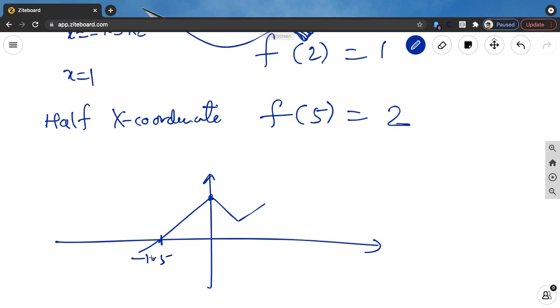Instead of having minus 3 comma 0, I have minus 1.5 comma 0. 0 comma 3 remains 0 comma 3. Instead of 2 comma 1, I have 1 comma 1. And instead of 5 comma 2, I have 2.5 comma 2. So do you see the function is the same, but it has got compressed on the horizontal axis, compressed.